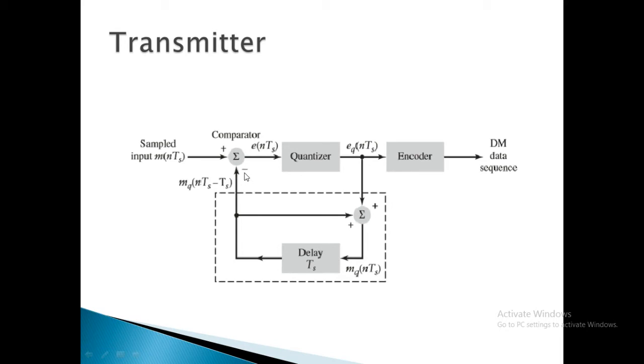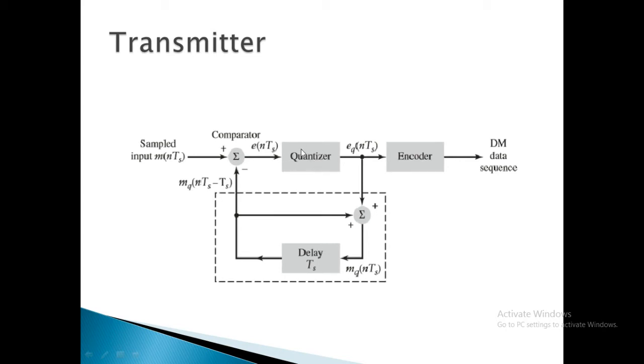Here the message signal m of nTs is compared with the previous staircase approximated value. If the message signal is smaller, the error signal is produced at minus delta. If the message signal is higher, the error signal is produced at plus delta.